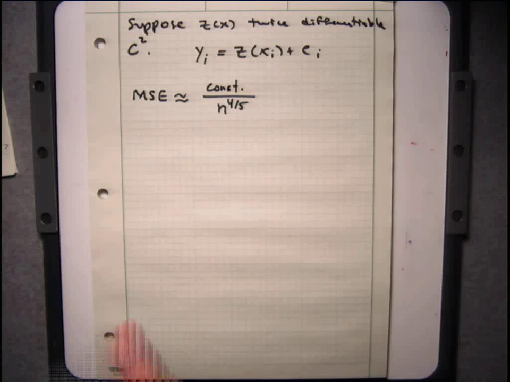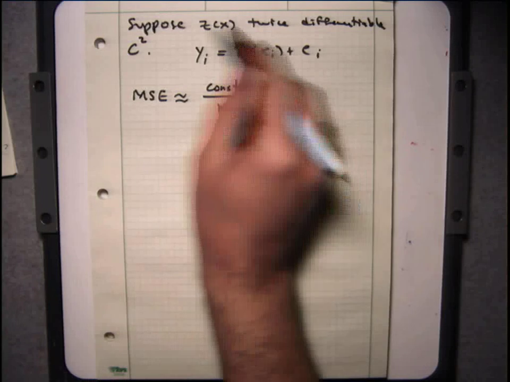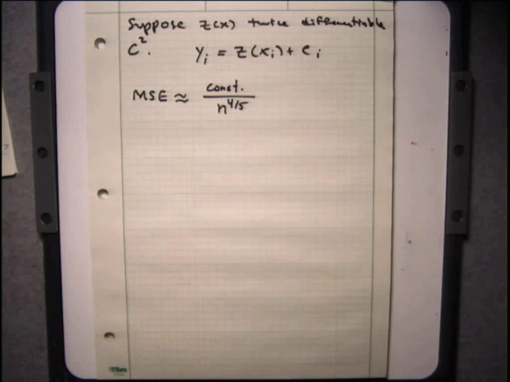Now let's take a minute and think back to the situation where we did maximum likelihood, right? Let's take the simplest case possible where the function underlying here, this z of x, was in fact constant. So by definition, that constant function is twice differentiable.